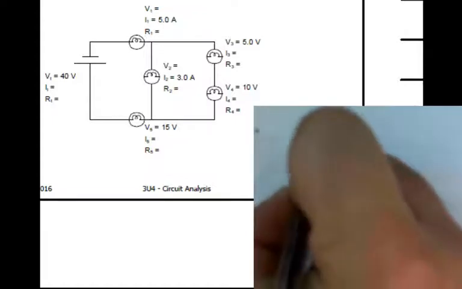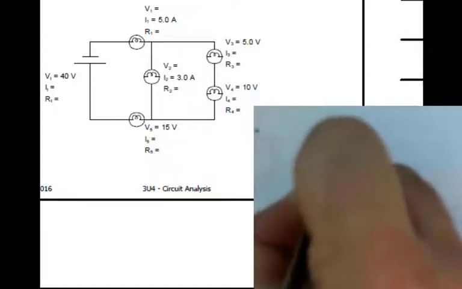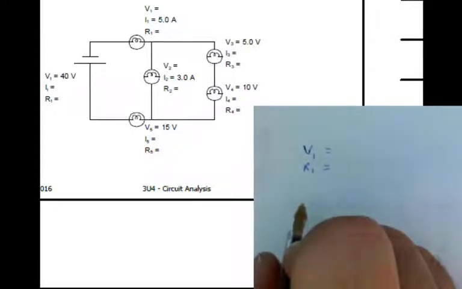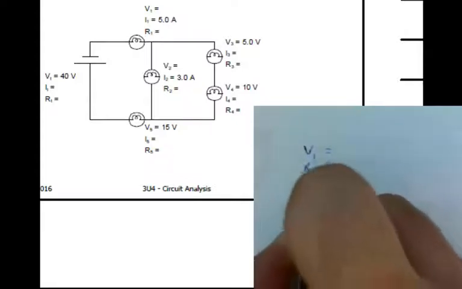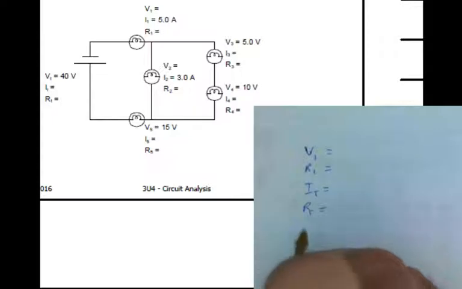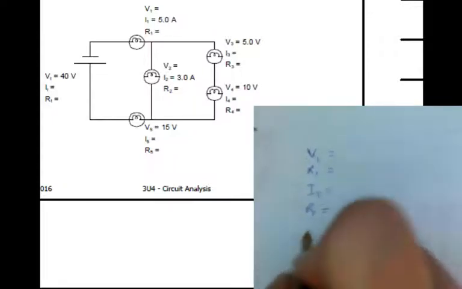V1, R1. Sorry, V1's already known. I1, R1. Actually, there's two V1s. I think they're trying to say I total. So I total, R total. It looks like V2, R2.